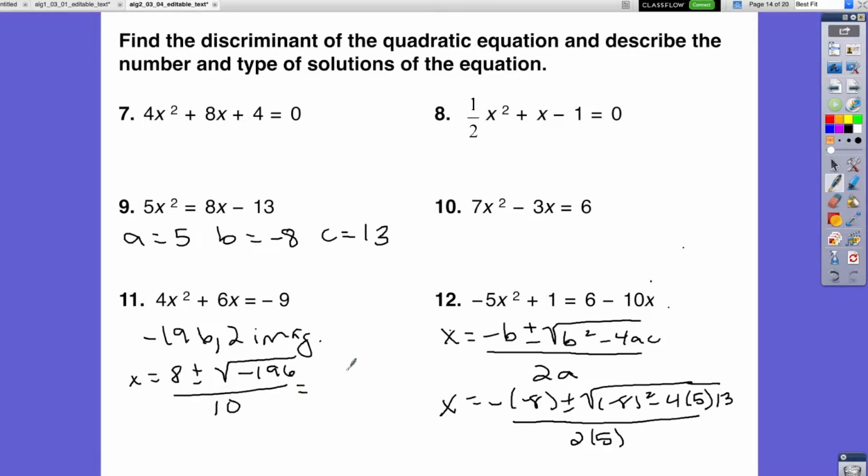And now we're going to simplify it again. 8 plus or minus 14i all over 10. And last step is to do the simplification. Divide everything by 2, so it's going to be x equals 4 plus or minus 7i all over 5.